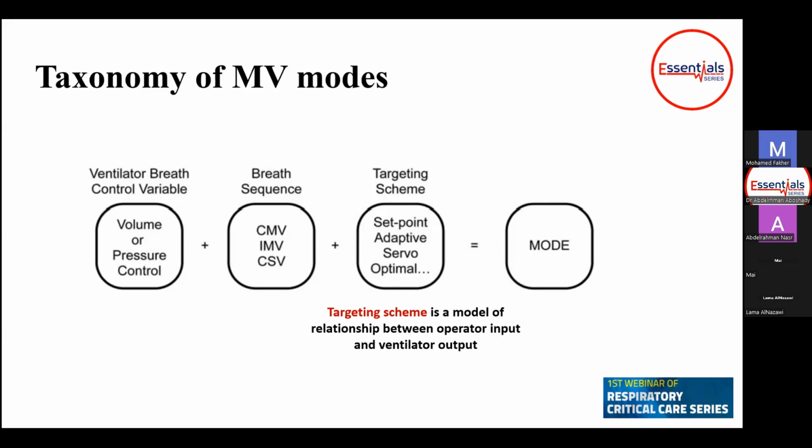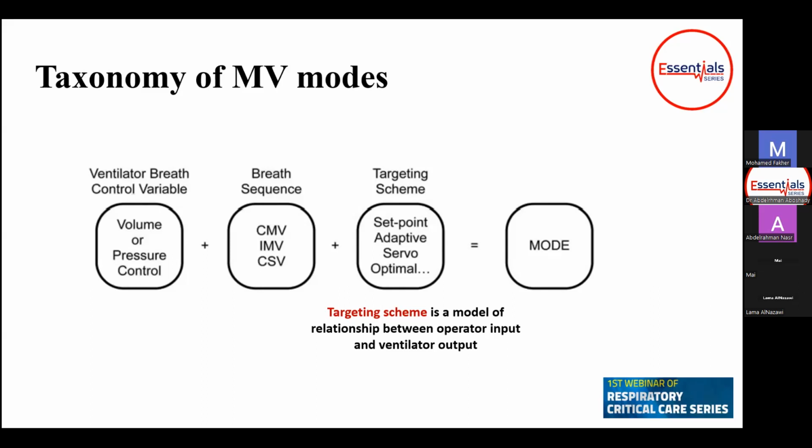We have other targeting schemes like the servo targeting scheme. Servo is something like amplification of the patient effort, like the NAVA and PAV. So NAVA and PAV just work like the power steering of the car. When you have a car with power steering, when you turn a little left, the wheels of the car give too much left deviation.